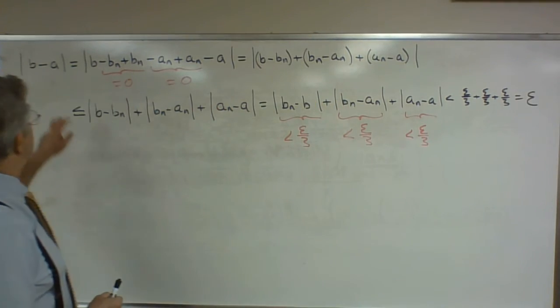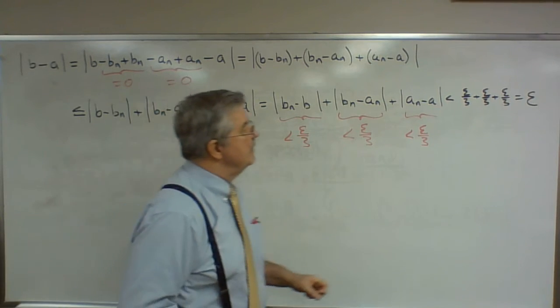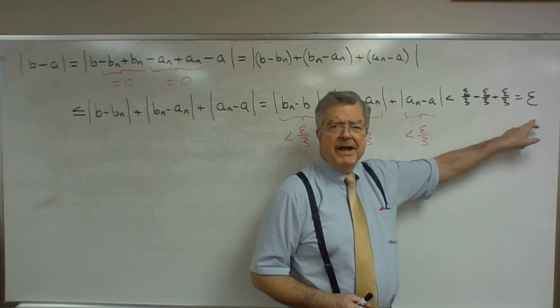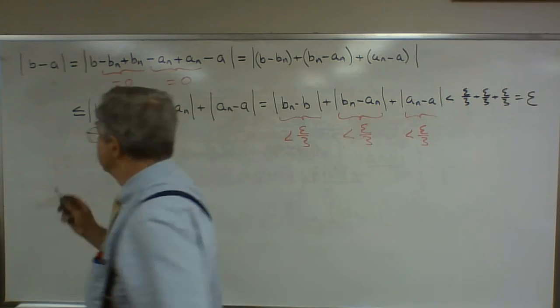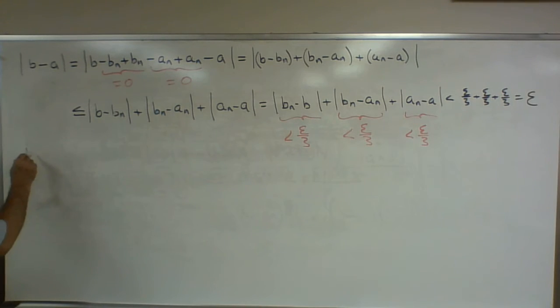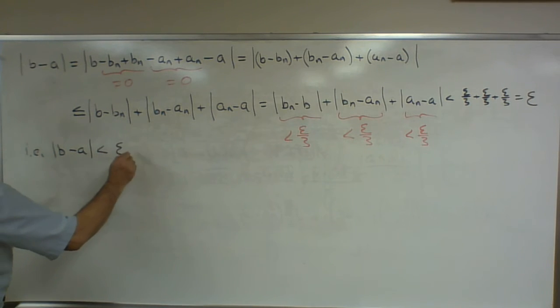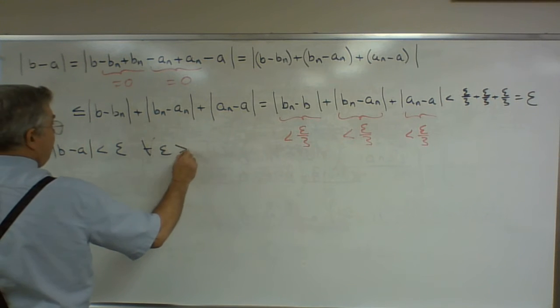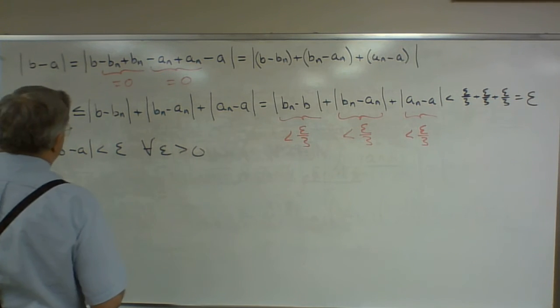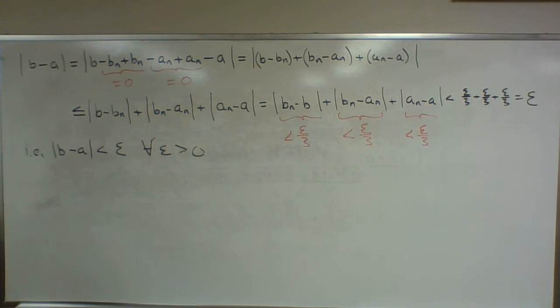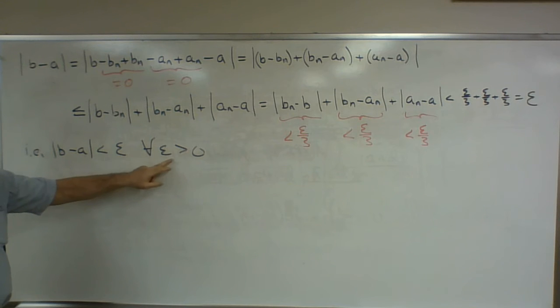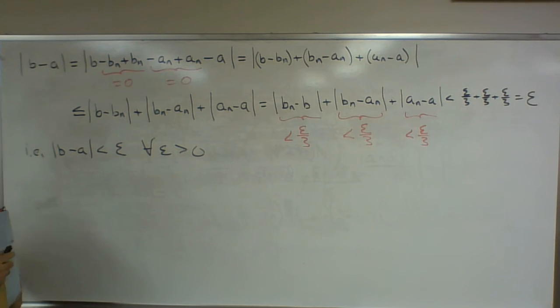So in other words, this has to be true for all positive values of epsilon. This difference, the absolute value of b minus a, is less than epsilon for all positive values of epsilon.